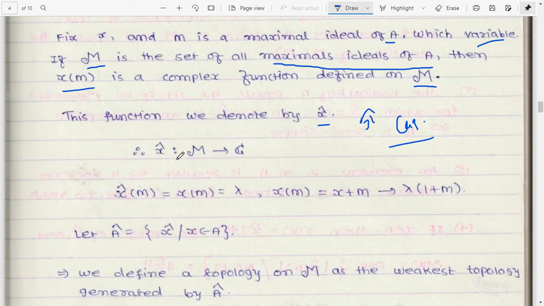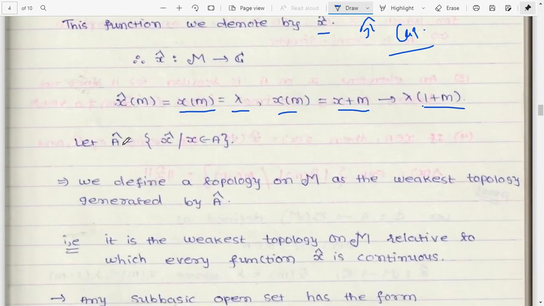So x cap is defined from script M to C, and x cap of m is equal to x(m), which is equal to lambda, where x plus m tends to lambda into 1 plus m.